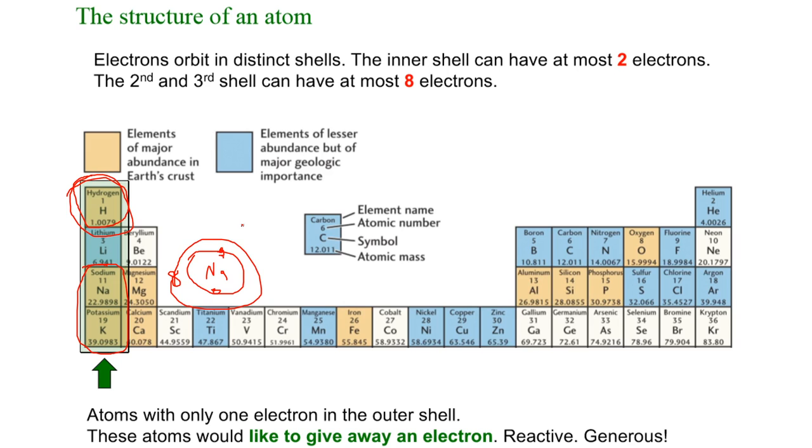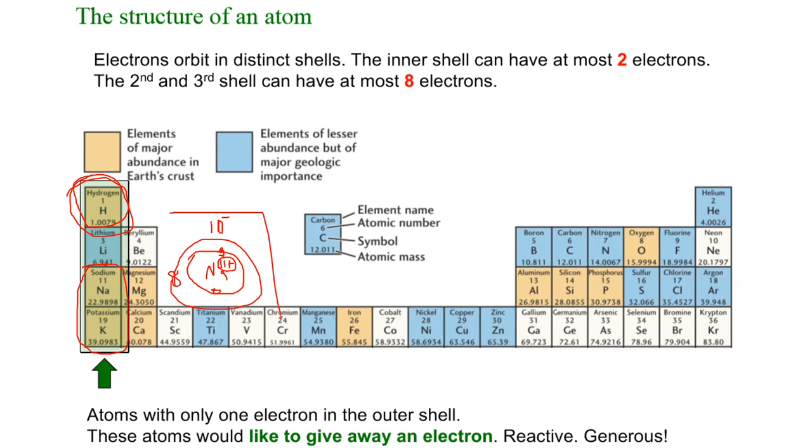When it does that, it's going to take on a charge. Think about this: you have 11 plus charges in the center here. You started off with 11 negative charges in the electron clouds, but then you lost 1, so now you're down to 10.